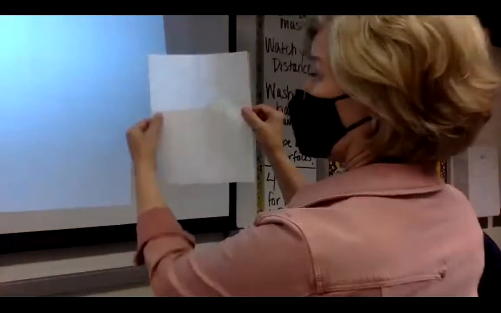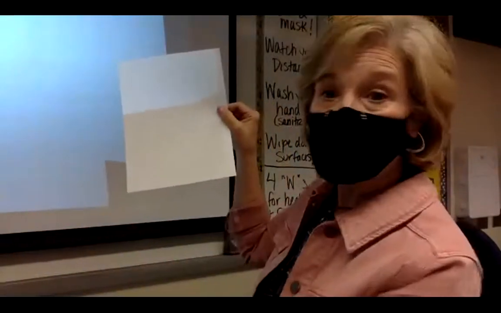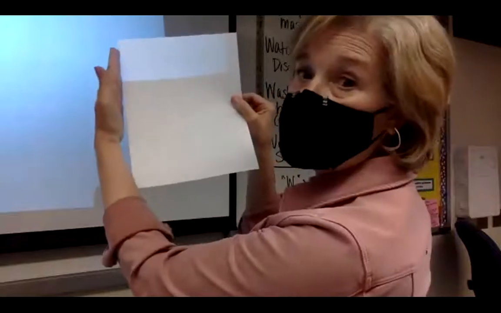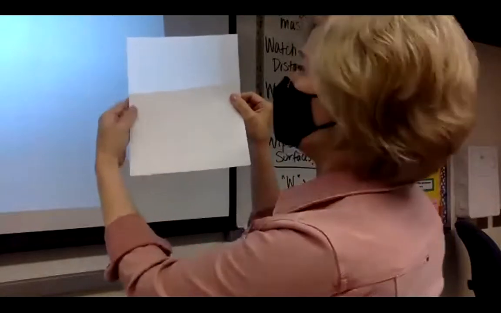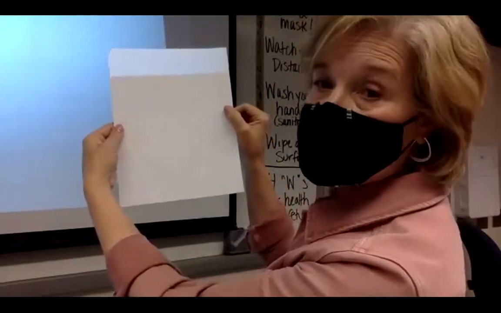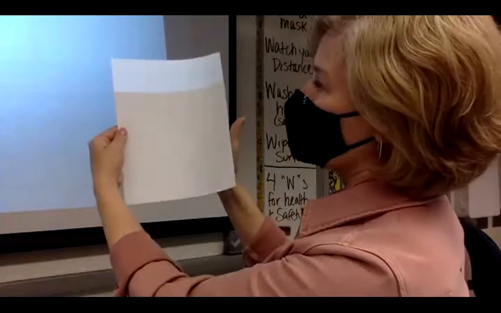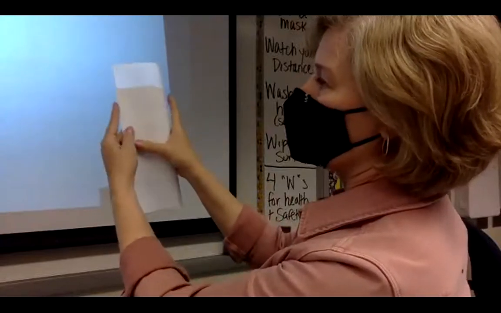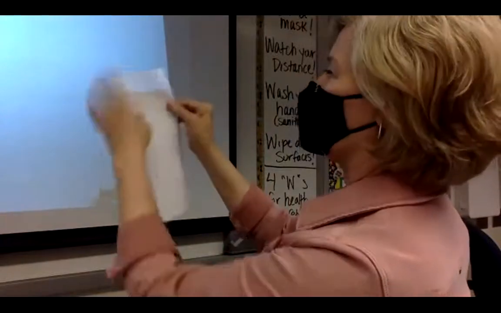Actually, I'm going to switch the spotlight here again for just a second so that everybody can see what I'm doing. Okay, so this is your paper, and you may need a whole new page. This would be where the edge of your spiral is. What we're going to do to make this work today is fold this in half lengthwise.